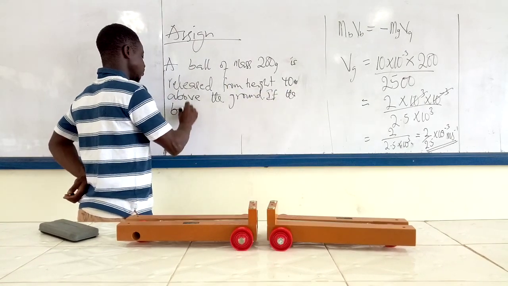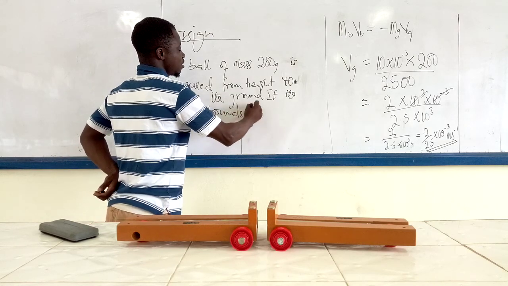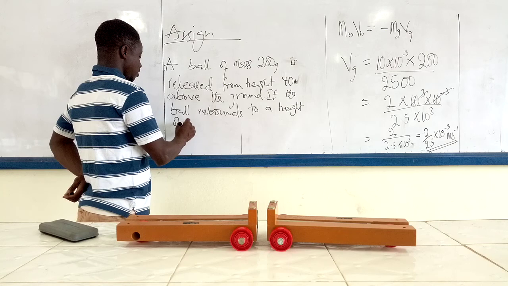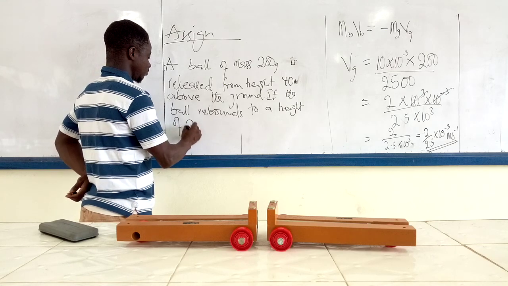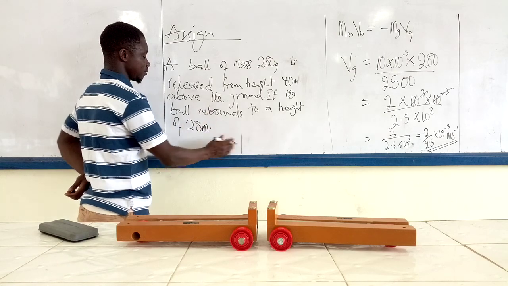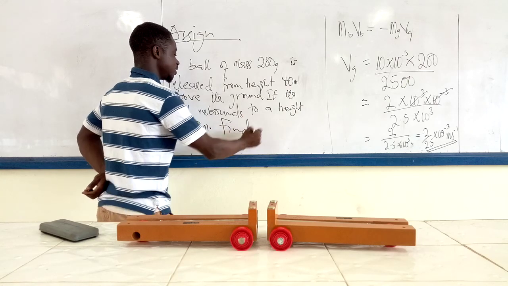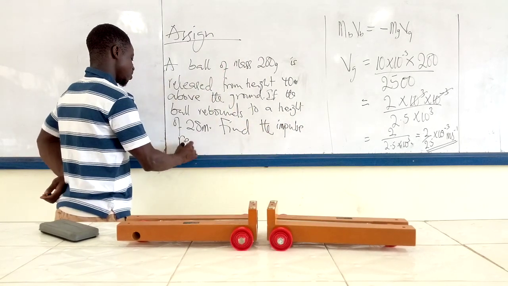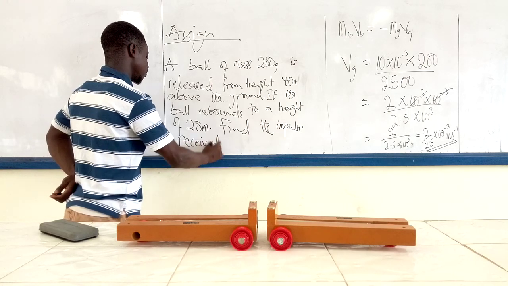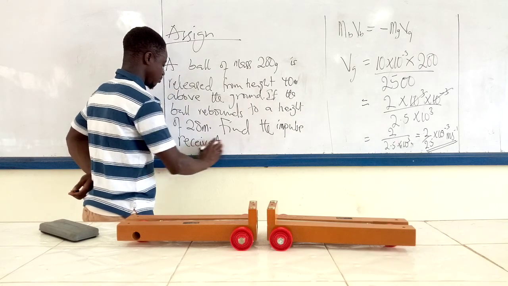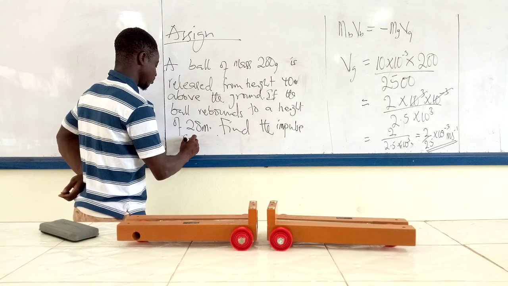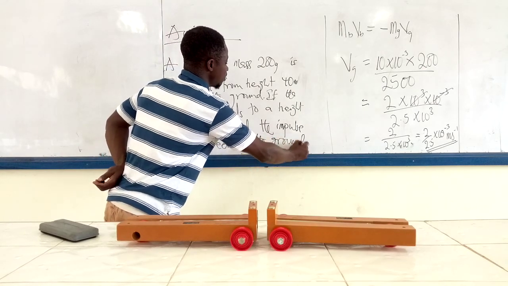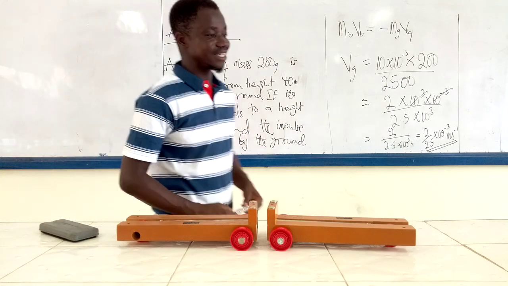If the ball rebounds to a height of 28 meters, find the impulse received by the ground.